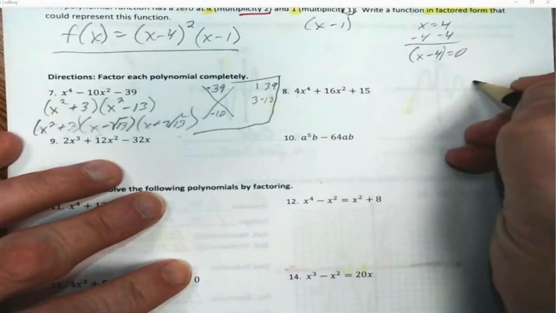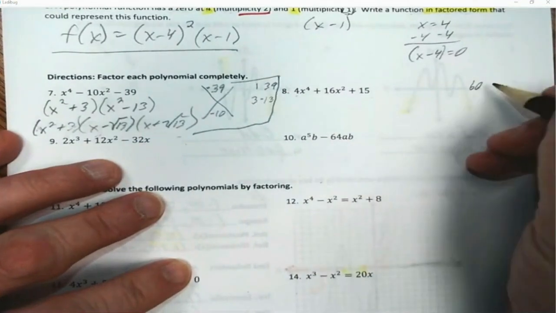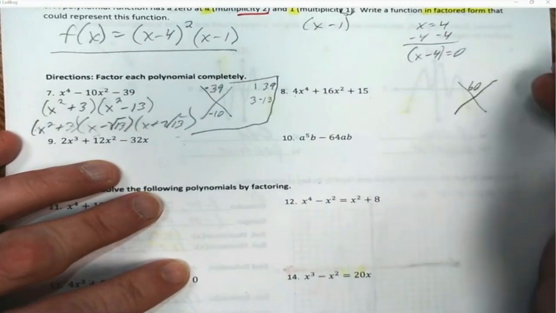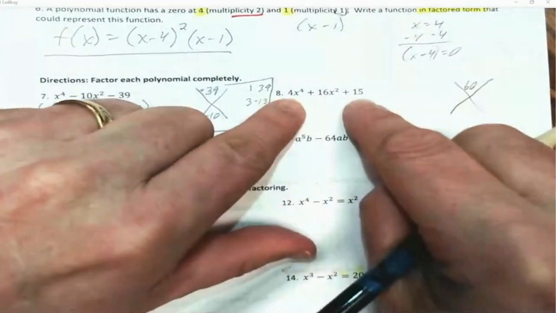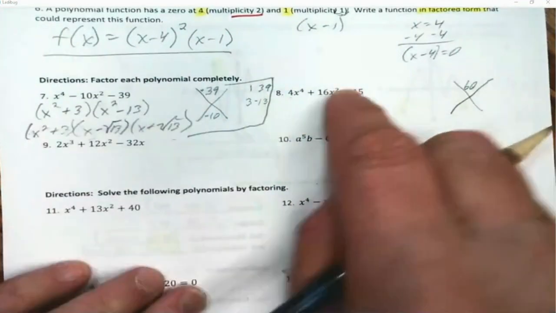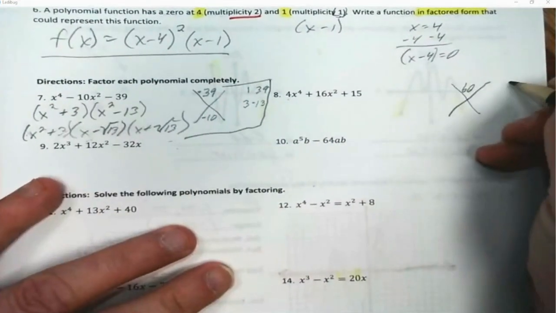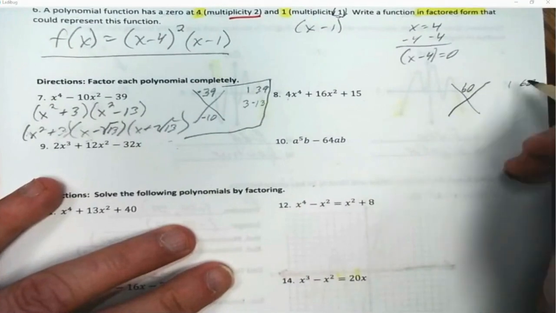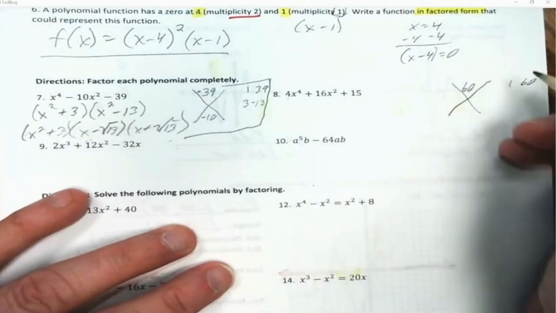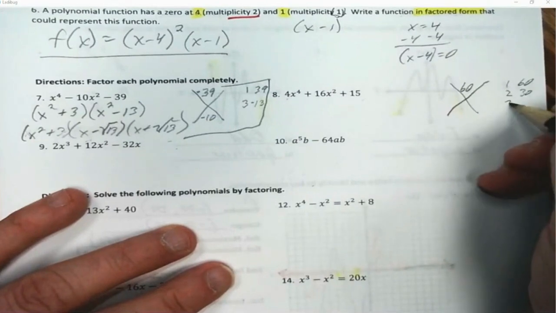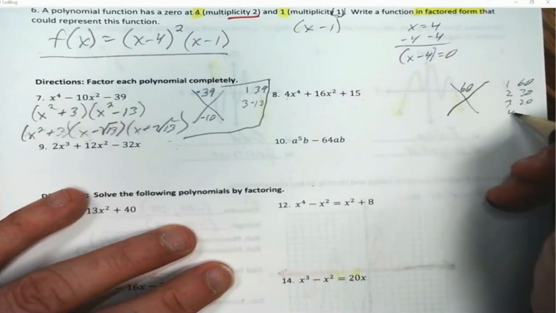We've got 4 times 15, so 60 is the number we're trying to reach. Because you take the coefficient of here times the coefficient of there. This was just a 1 earlier, so that's why we just used negative 39. So with 60, you've got 1 and 60. We're wanting to break this up. 2 and 30, 3 and 20, 4 and 15.